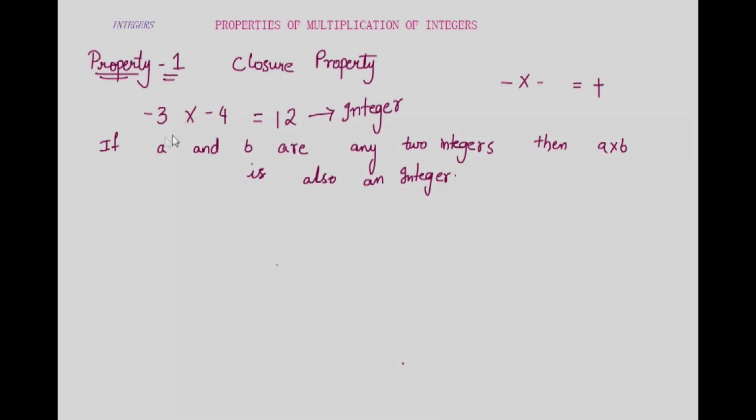Here what we have taken? -3 into -4. Let us take this as A and this is B. If A and B are any two integers, here A is an integer and B is an integer, then the product of two integers is also an integer. If A and B are any two integers, then A into B is also an integer.